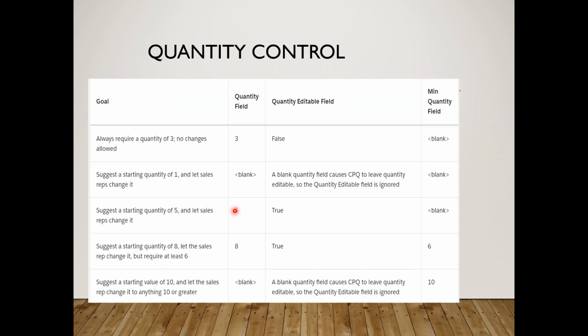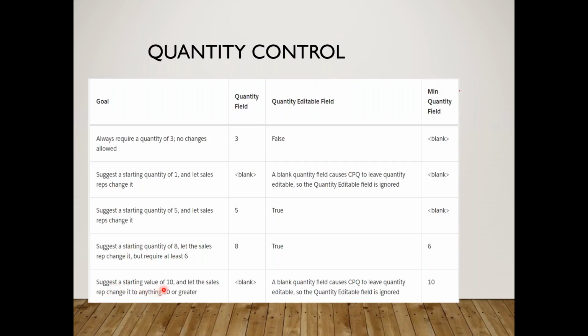But here what I am trying to say, I need minimum quantity as 6, right? And starting quantity as 8, that is by default quantity. And you are saying you are allowed to change, but at least should have 6 quantity. So if you change this 8 to 5, it will throw error that minimum quantity should be 6. So that's the next point.